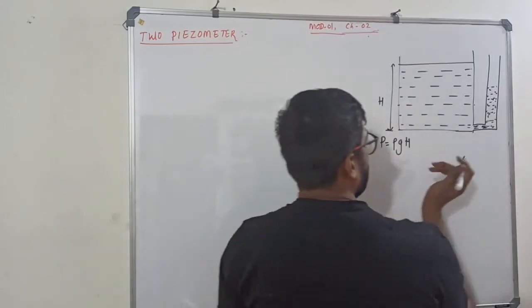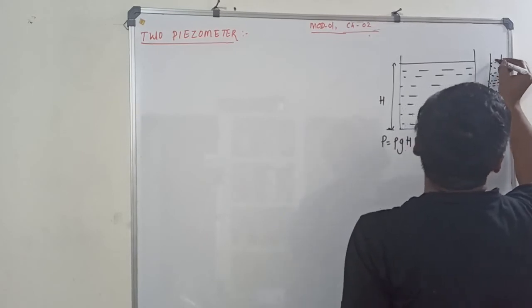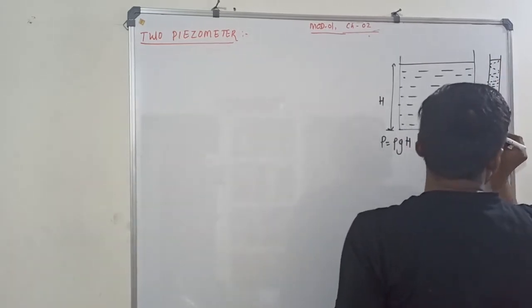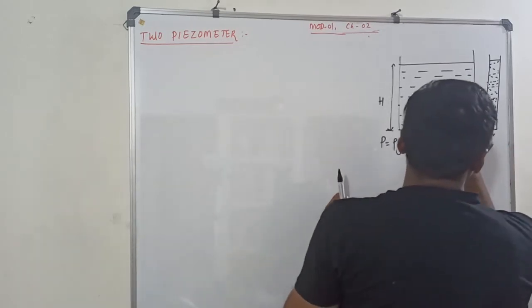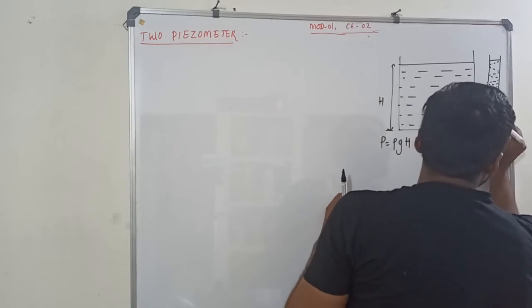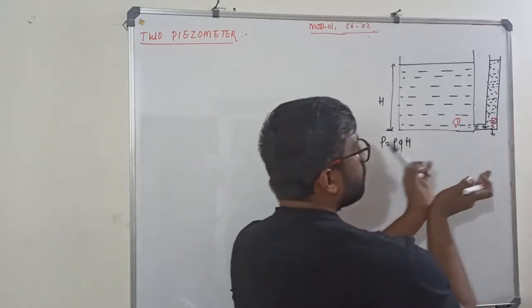It's moving, very good. I waited until it stopped, and I found that the pressure at this point, let us say this point is 1 and here the point is 2, has to be the same. Pressure at point 1 is rho gh, so pressure at 2 is also rho gh.